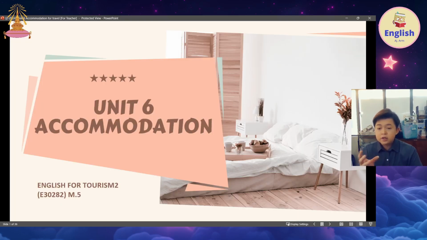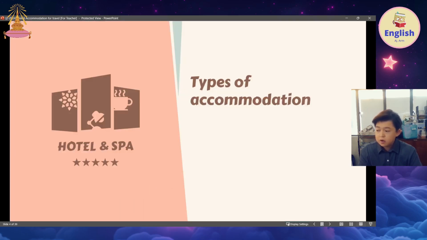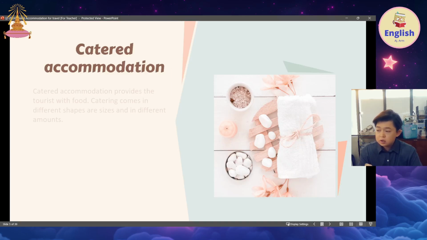So let's get back to another version of this unit about accommodation. Look inside at the types of accommodation and their terms. Catered, self-catered, non-catered, don't forget to understand it.